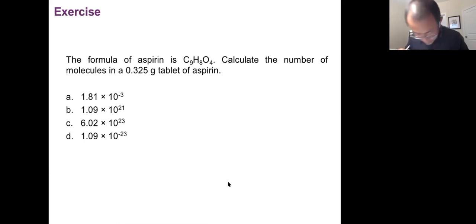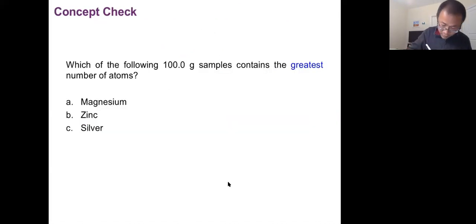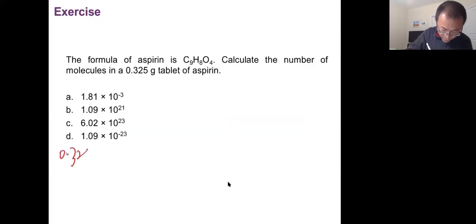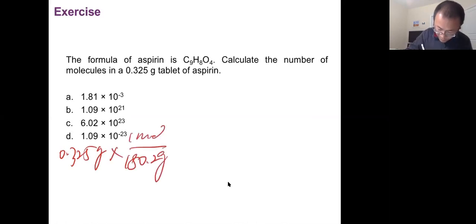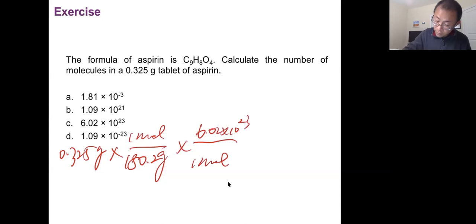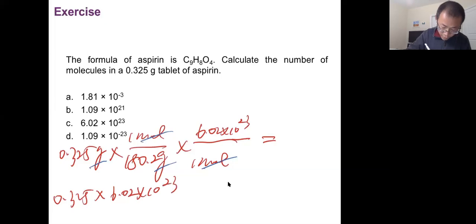Let's do it again. 0.325 grams times 1 mole per 180.2 grams, times 6.02 times 10 to the 23rd per 1 mole. Grams cancel, moles cancel. I got 0.325 times 6.02 times 10 to the 23rd over 180.2.